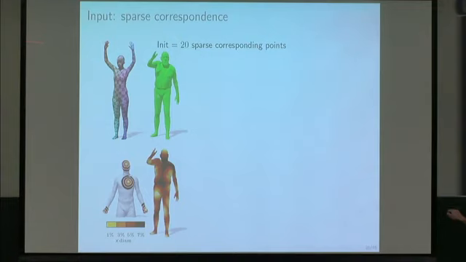That's why initially everything here is green. So the map is utterly not surjective. And this is the corresponding error, in terms of the geodesic distance to the nearest corresponding point. Of course, the error here is very big, 7% of the geodesic diameter of the shape. It's huge.